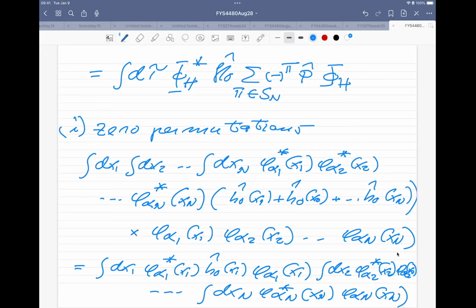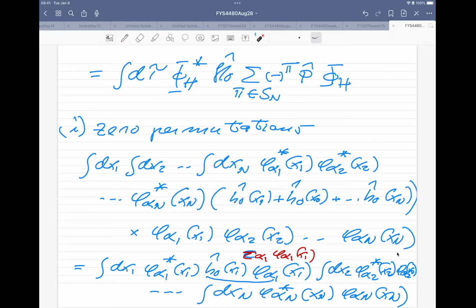And in this specific case, we know that this one is equal to epsilon alpha 1 times phi alpha 1 of x1. So the first term picks out x1, and it simply produces this result here. And all the other ones, since the functions are normalized and orthogonal, give us just 1. So the first term gives us epsilon alpha 1.